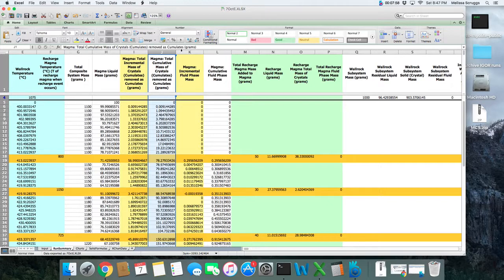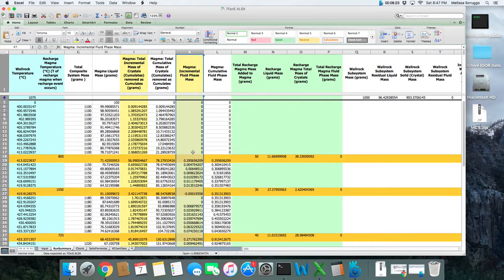K is the fluid phase. So this is the mass of any fluids that are removed, fractionated after each temperature step. Fluids would include water, and if you're running a CO2-enabled version of Rhyolite-MELTS, it would also include CO2. If there is no separate fluid phase, then it'll show a 0.